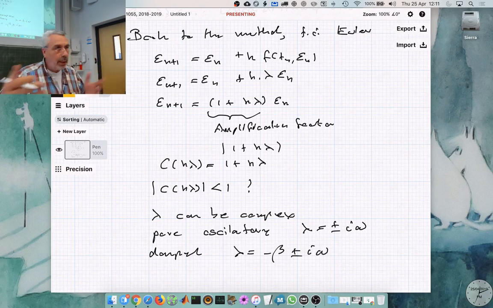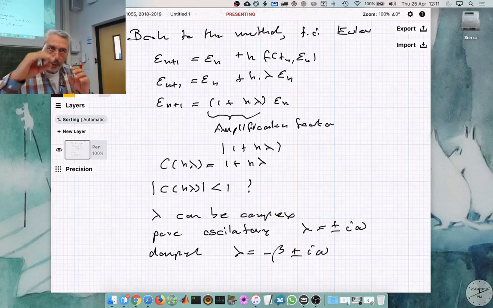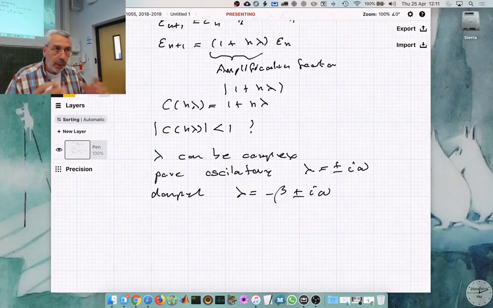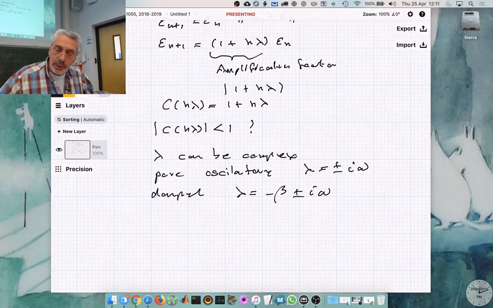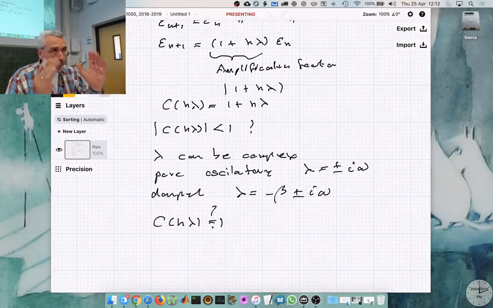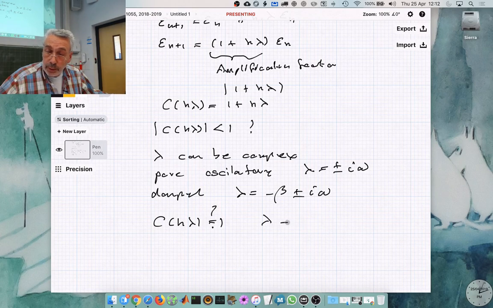So this lambda can be some complex number, and if there's little damping, then the real part is small. So to look at this, when is the amplification factor less than 1, or equal to 1? Usually we say, when is the amplification factor equal to 1, that is the question, then we know the border. And then we have to substitute values for this lambda.